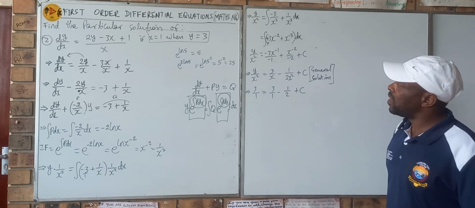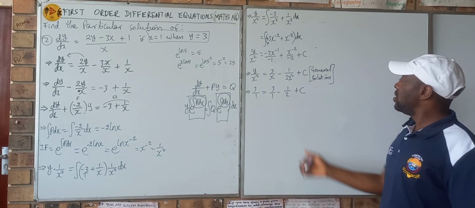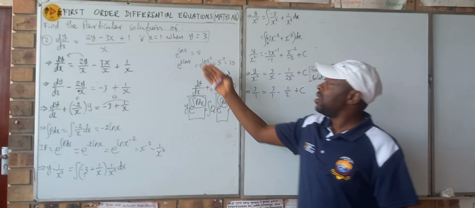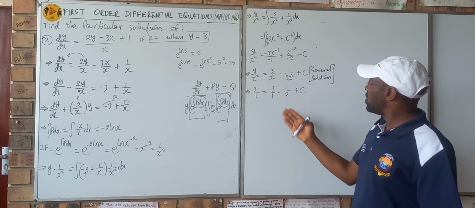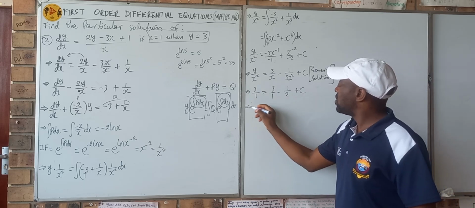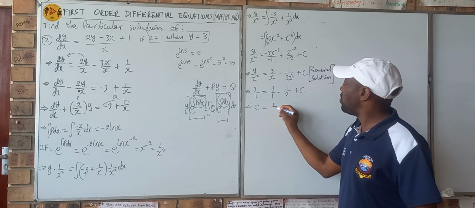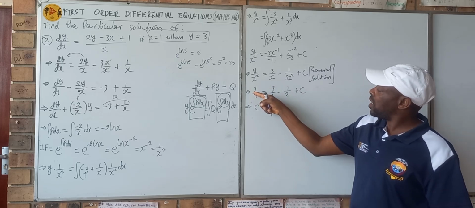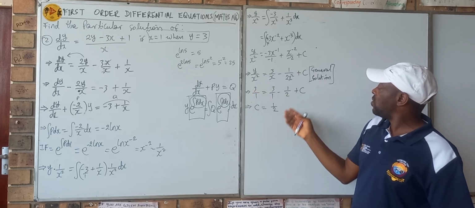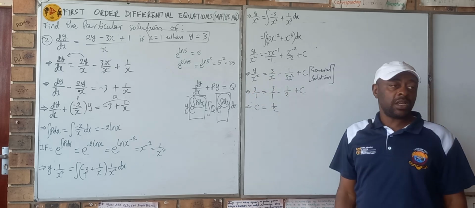So I replace every x by 1 and every y by 3 as indicated in the problem. Looking at this, it's simple to see that our c is positive a half, because this 3 will go that side to cancel the other 3. 3 minus 3 is 0. Then -1/2 will go that side as +1/2.